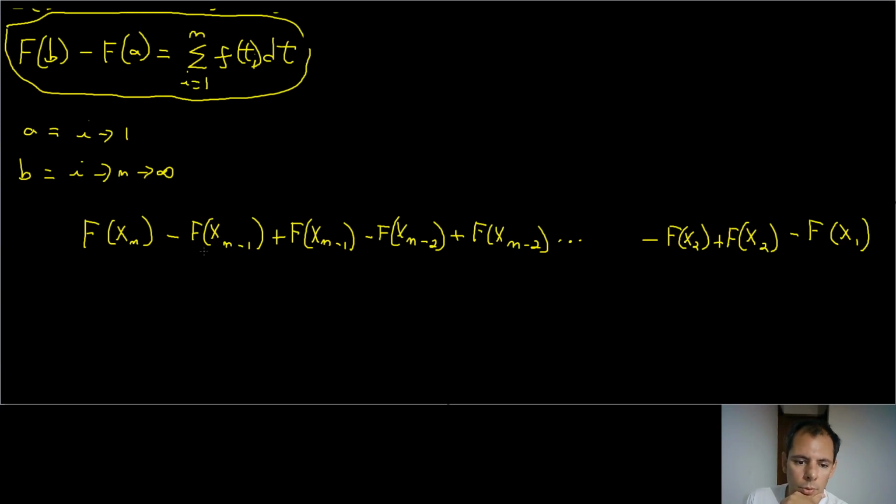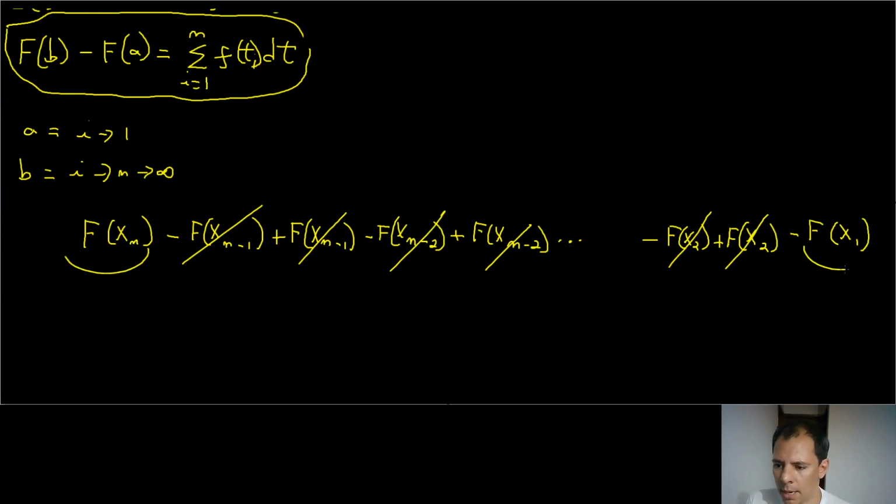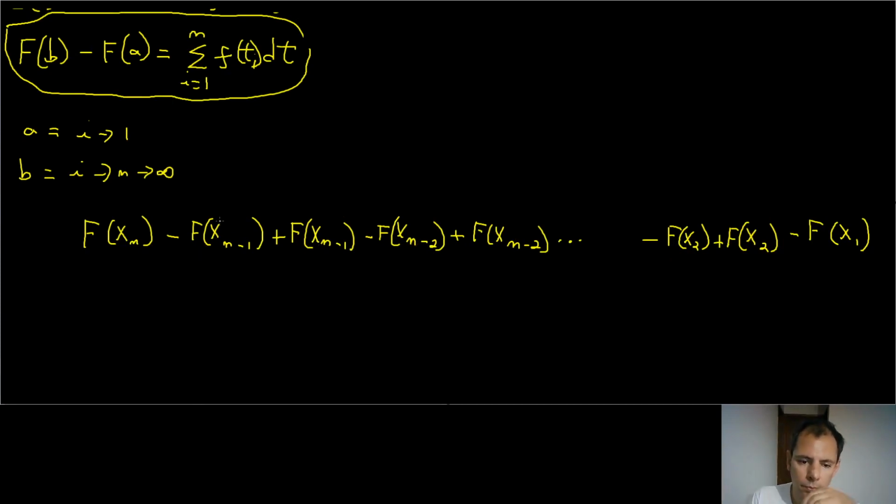So for example, this one is going to cancel this one, this one is going to cancel this one, and this one is going to cancel this one, and you still have f of b minus f of a. I didn't alter anything, right? Okay, now look at that.